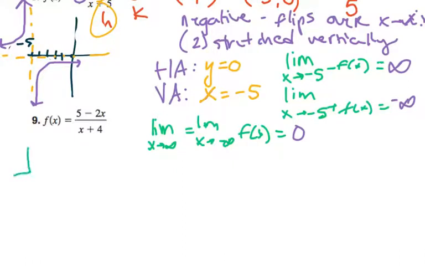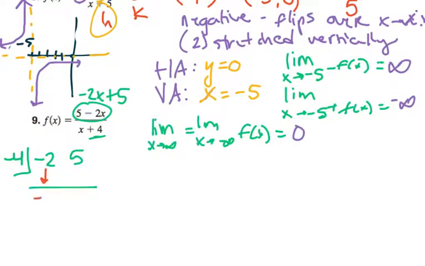So I can take negative 4 from this 4 and divide it into this equation, which I'm going to rewrite as negative 2x plus 5, so that I can put negative 2 and 5 into my synthetic problem. Then I bring down a negative 2, multiply by negative 4 and get positive 8, and then add 5 and 8 and get 13. So the new equation is negative 2 plus 13 over the divisor of x plus 4.